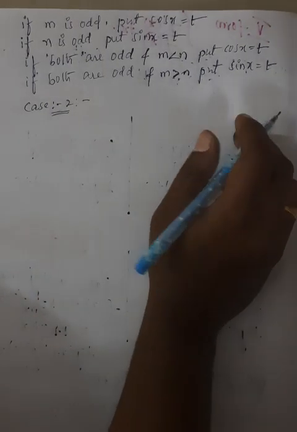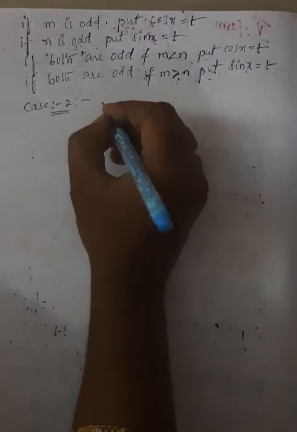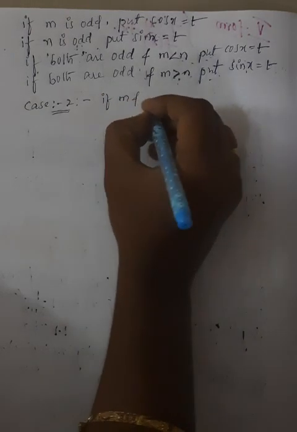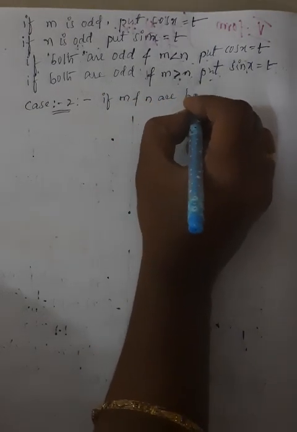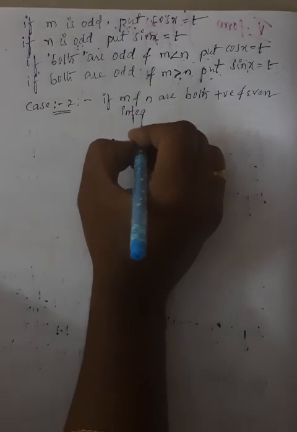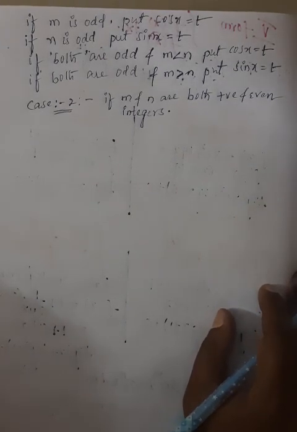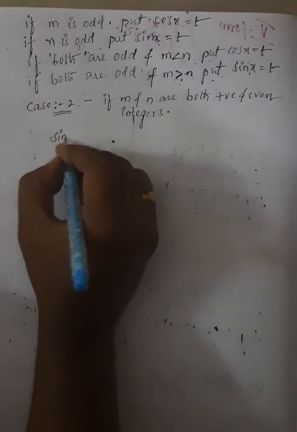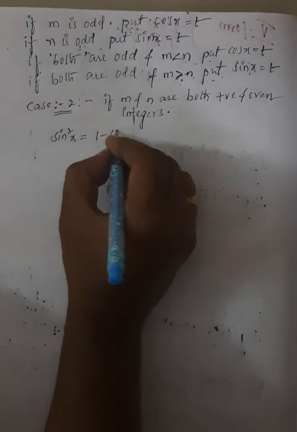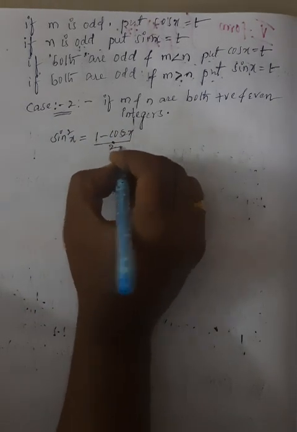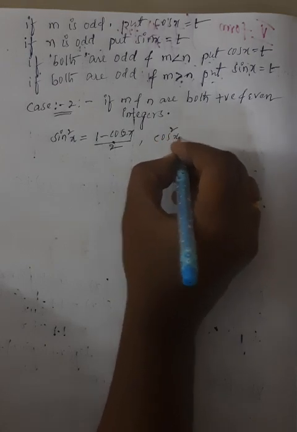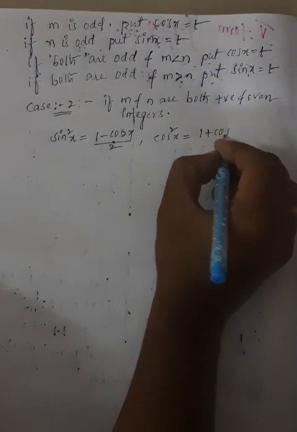If m and n are both positive and even integers, that is case 2, then you have to use one formula: sin square x is equal to 1 minus cos 2x by 2, and cos square x is equal to 1 plus cos 2x by 2.